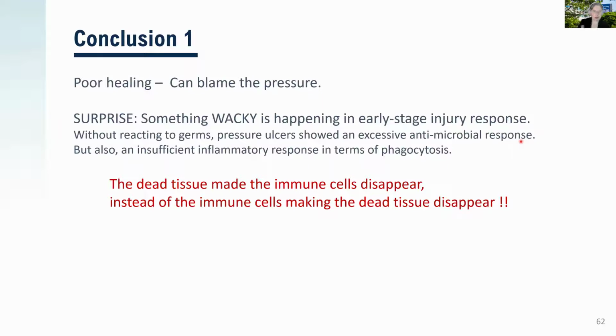So the cells and the molecules of immune response were inversely correlated. The lack of cells gave us a lack of phagocytosis. If there's a memorable takeaway message from this, it's that the dead tissue made the immune cells disappear instead of the immune cells making the dead tissue disappear.